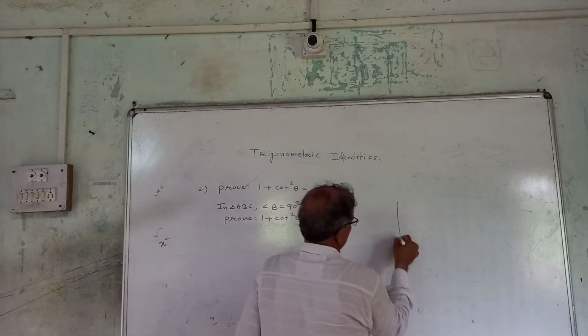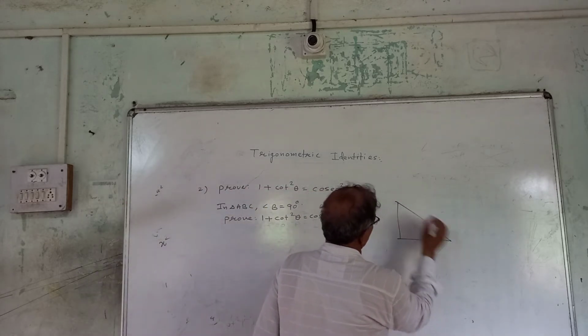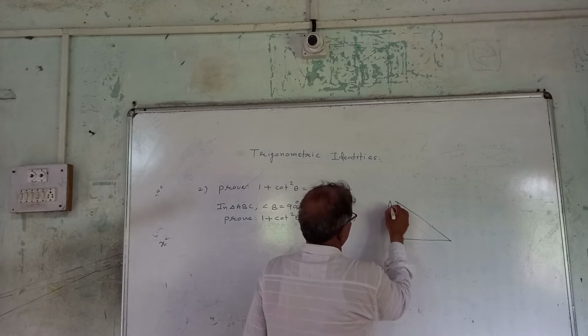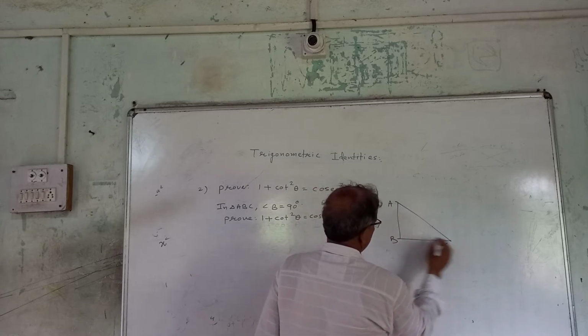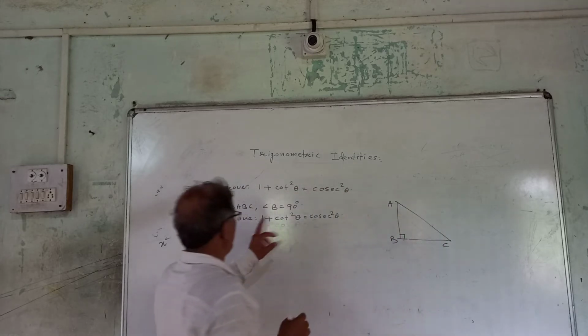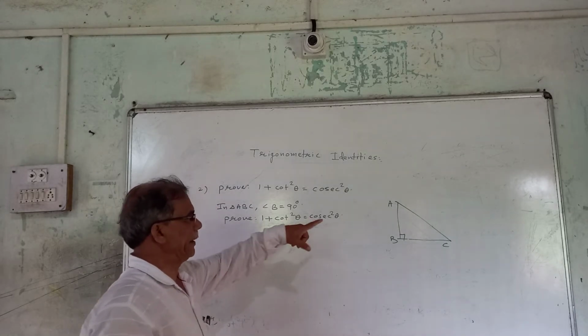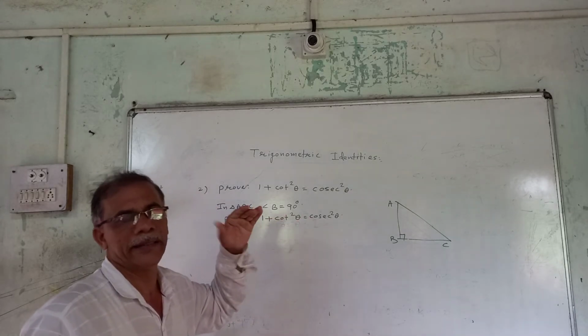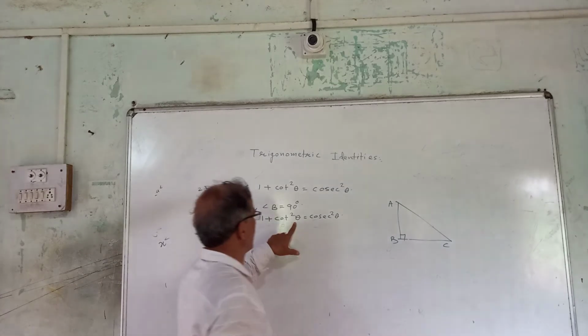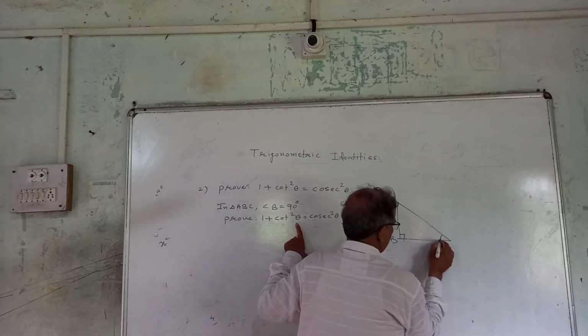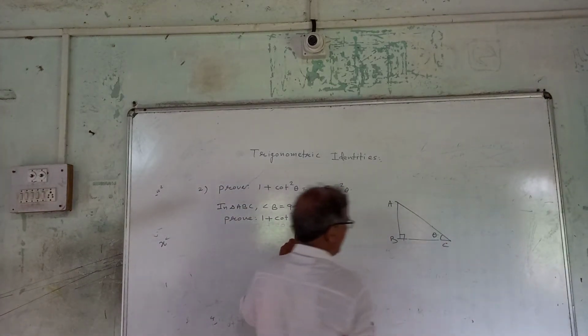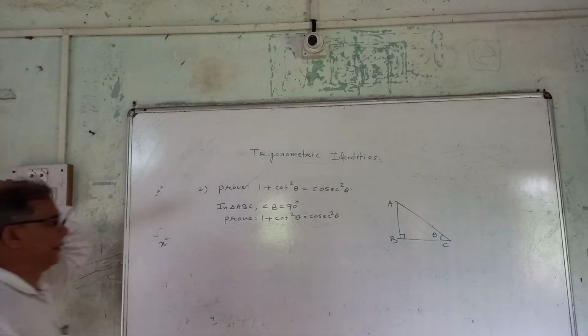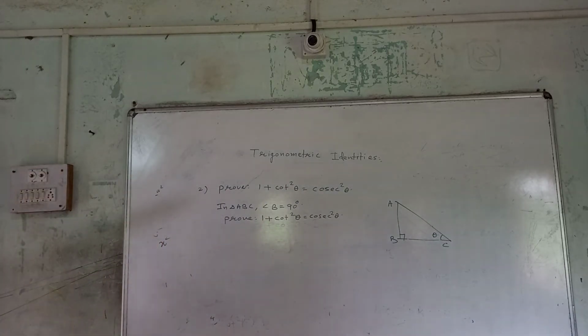Now it will be given like this: A, B, C. So 1 plus cot square theta. So any acute angle, either A or C, you have to mark as theta degrees. Suppose this is theta. Now this identity also is proved with the help of Pythagoras theorem.